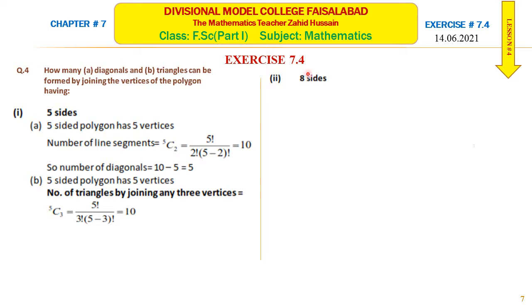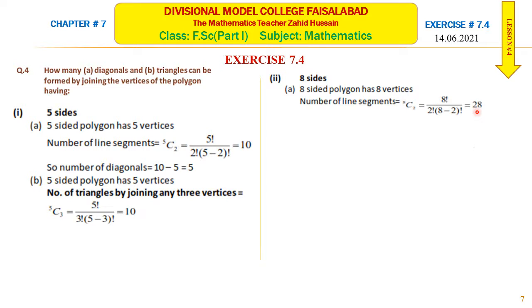Now the 8-sided polygon. We know that an 8-sided polygon will have 8 vertices. So the number of line segments in a polygon having 8 vertices is 8C2, meaning 8 factorial over 2 factorial into 8 minus 2 factorial. Simplifying this, we get 28.